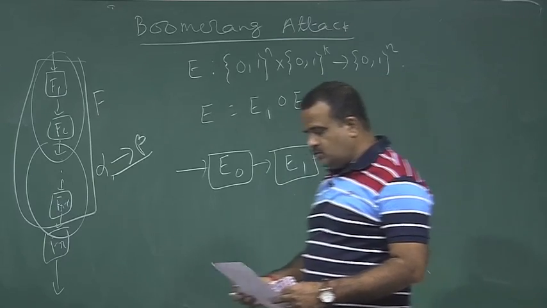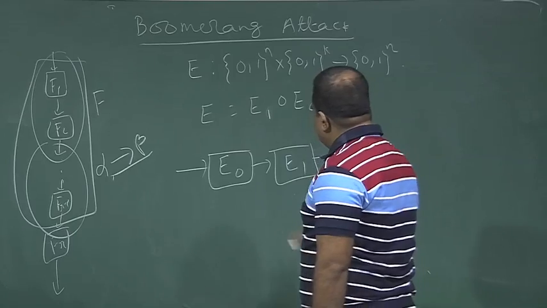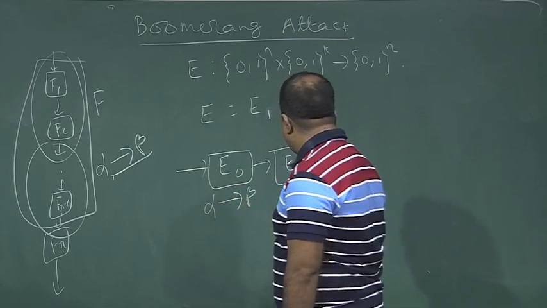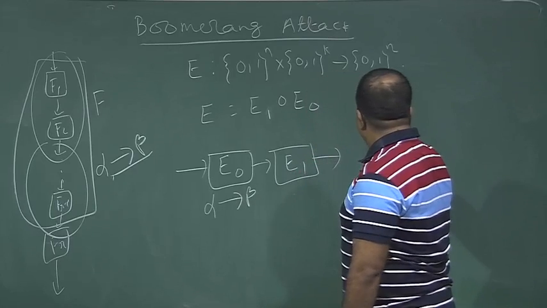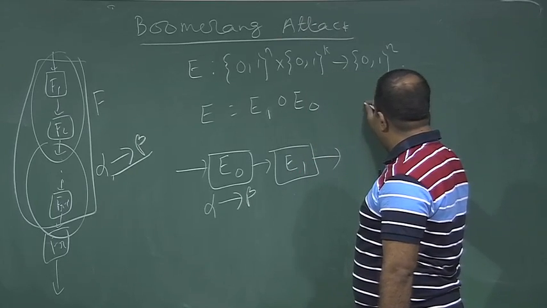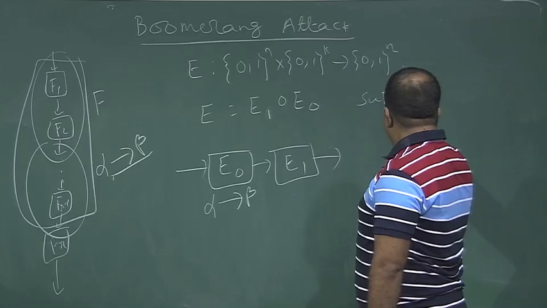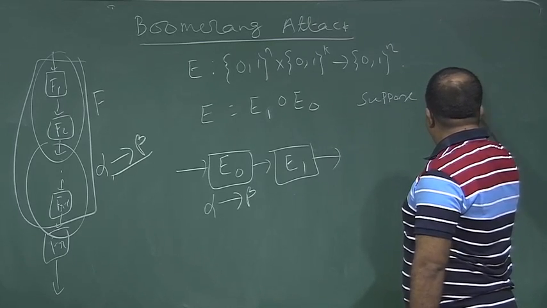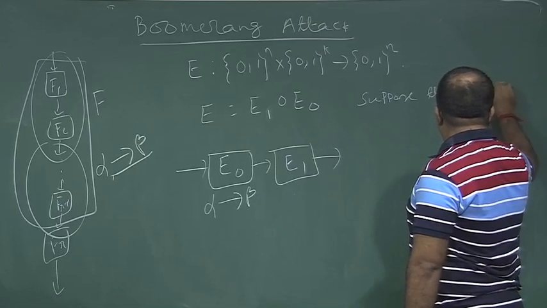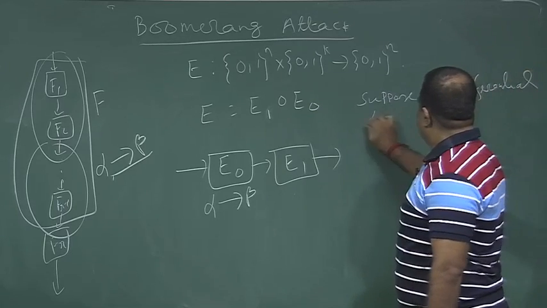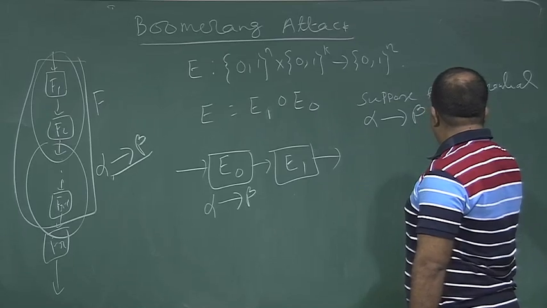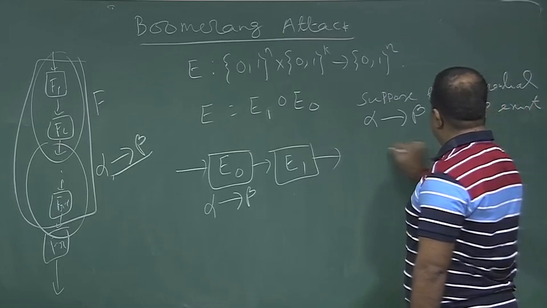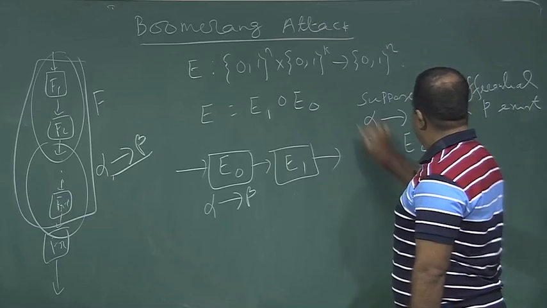Now, suppose we know that there is a difference alpha going to beta with probability p, a high probability, in E0.